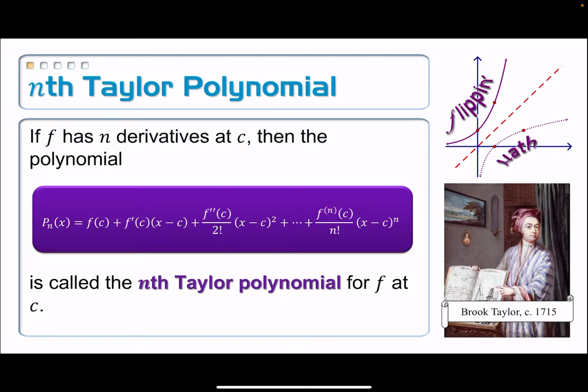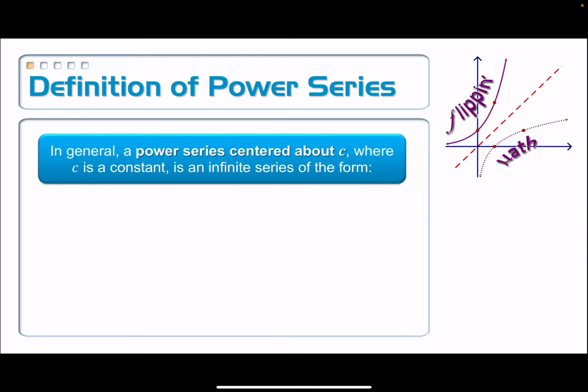Speaking of series, in the last lesson we defined a power series, also centered at some constant c. If you look at the expansion of this power series, it looks pretty similar to the Taylor polynomial. The big difference is that this one just keeps going. But look at this x minus c raised to some power.